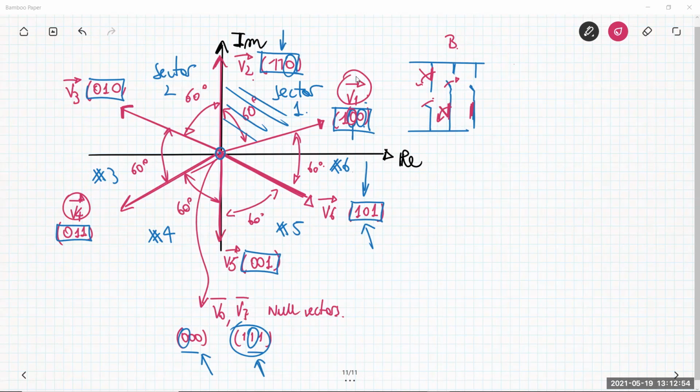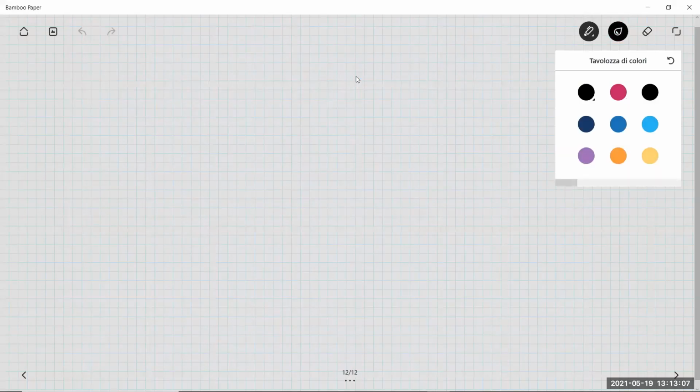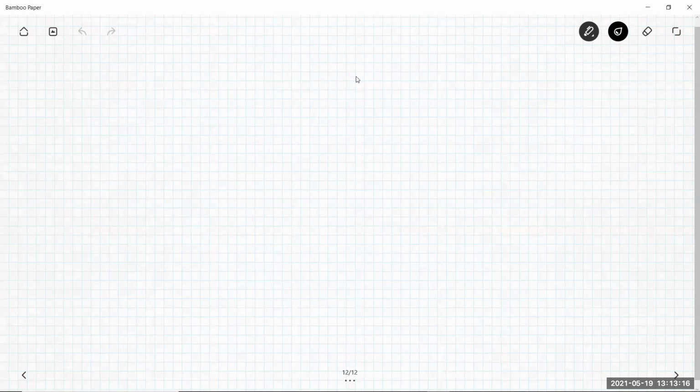There is also a geometrical interpretation of this kind of representation. Okay, this is the space vector representation, but let me just describe, let's say, the same result that I get by using this Park transform by using a sort of a geometrical representation.